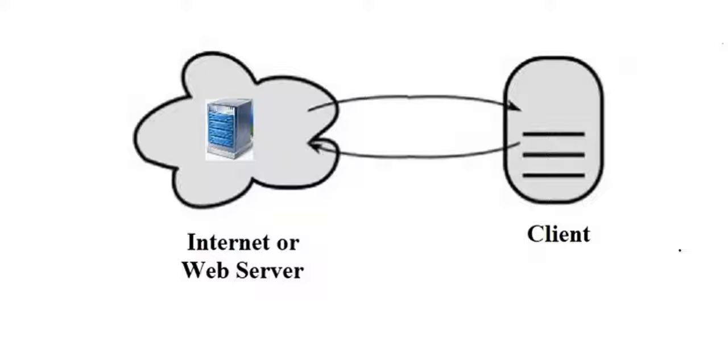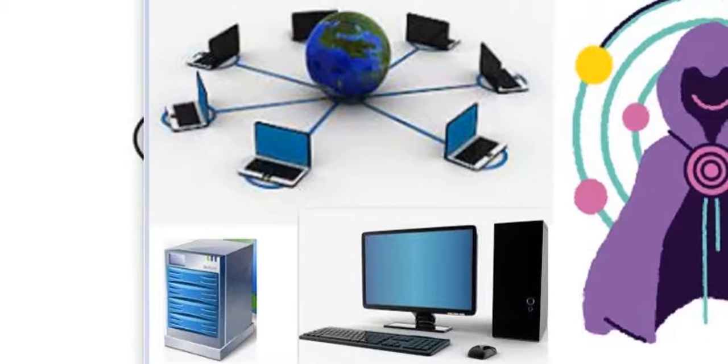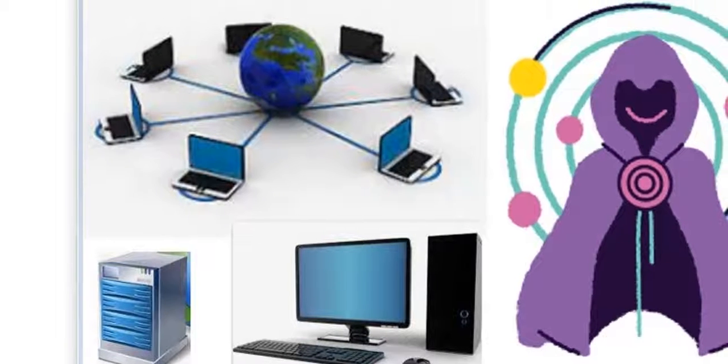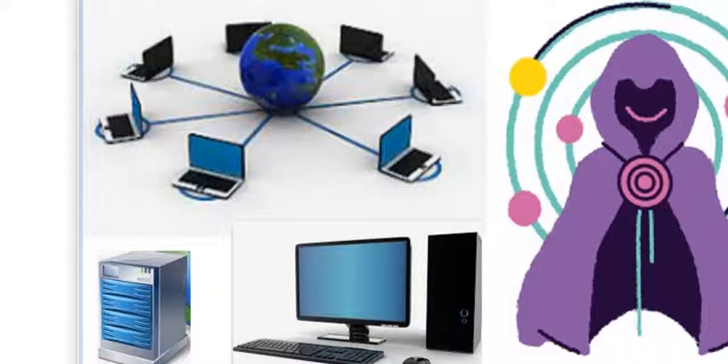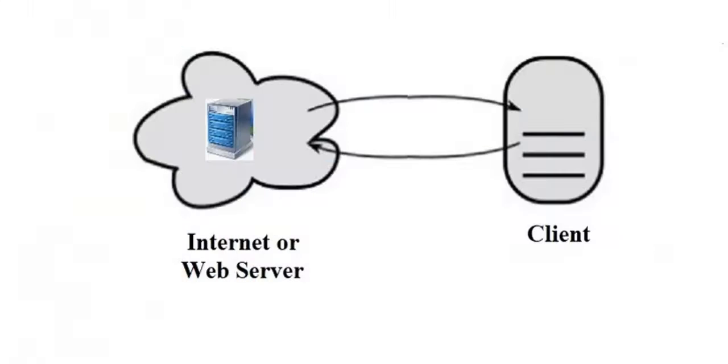I wrote down internet or web server, because there's nothing like the internet out there. What you're actually doing is connecting to a lot of computers connected together, like this picture shows you. See the globe and all the computers connected to it? That's the internet right there for you.